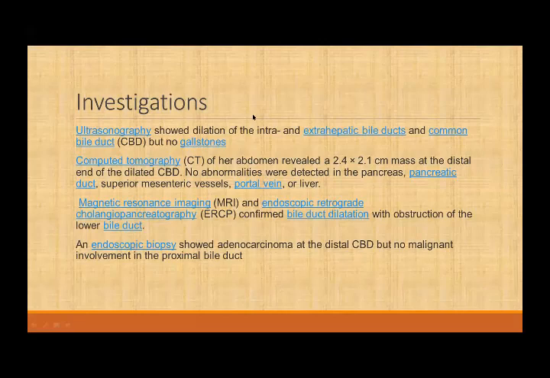CT scan showed a mass distal to the dilated CBD. Other features were normal. She had an ERCP with MRI, which confirmed the biliary duct dilatation and obstruction of the lower bile duct. Endoscopic biopsy was performed, which confirmed adenocarcinoma.